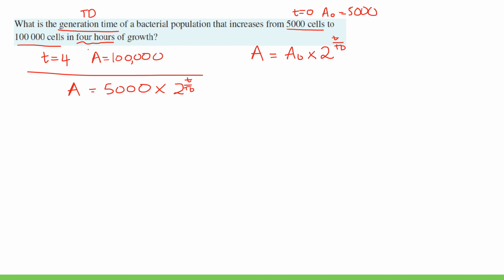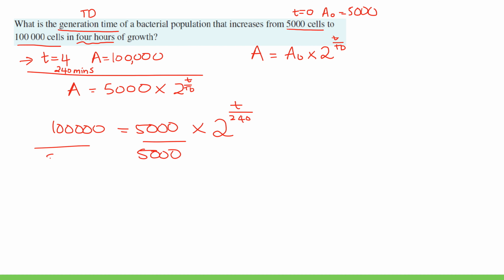I can use this as 4 in terms of 4 hours, or because they're quite large numbers, I'm just going to change this into minutes, which is 240 minutes. So now I will substitute this into my equation in order to find TD. That will be 100,000 is equal to 5,000 times 2 to the power of 240 on TD. I will divide both sides by 5,000.